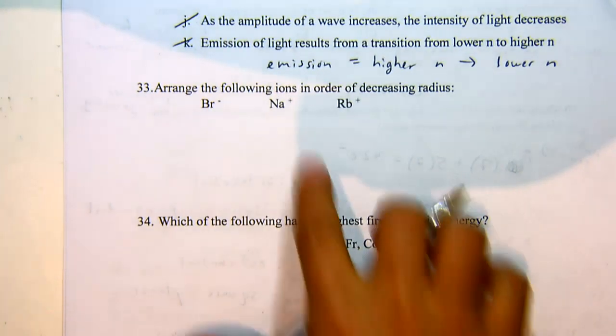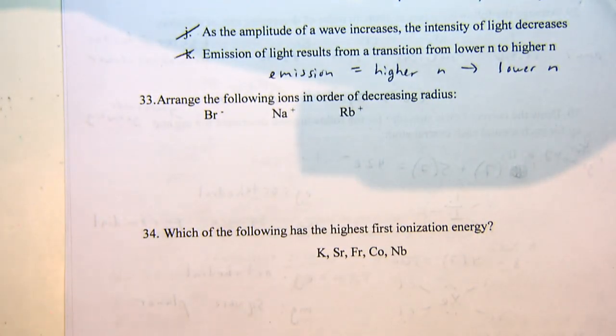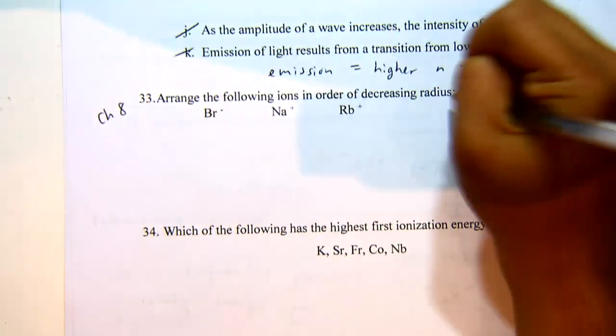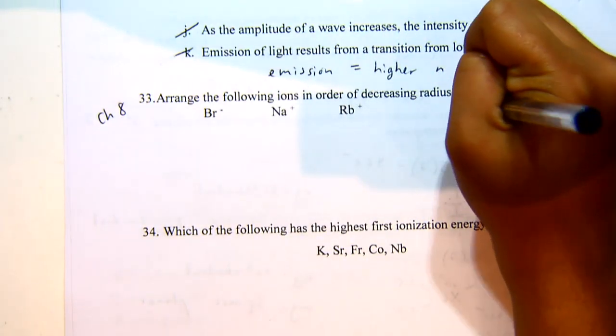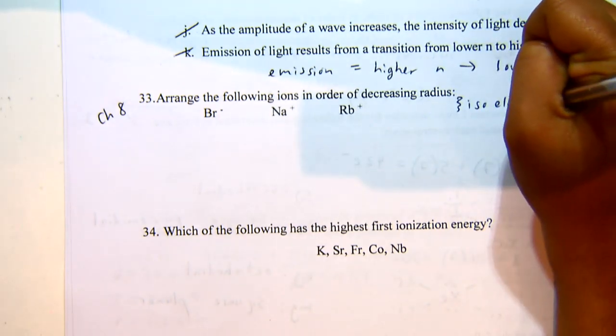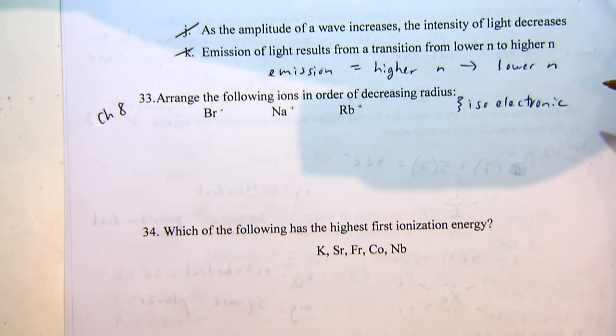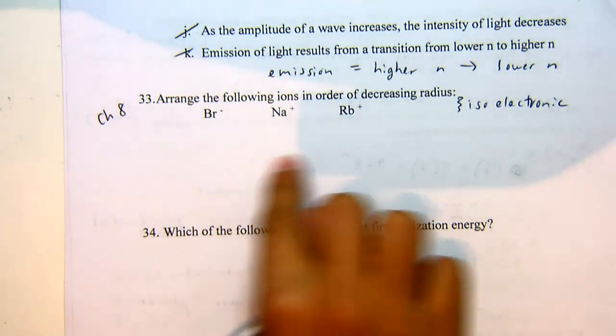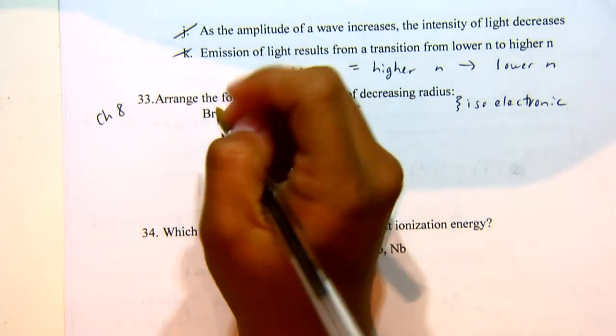Now, this next problem, which probably will be the last, is dealing with an isoelectronic series, which is from chapter 8. When we have an isoelectronic series, you cannot just use the trends on the periodic table for radius. You have to think about how they're differing. First, think about how many protons and electrons each of these has.